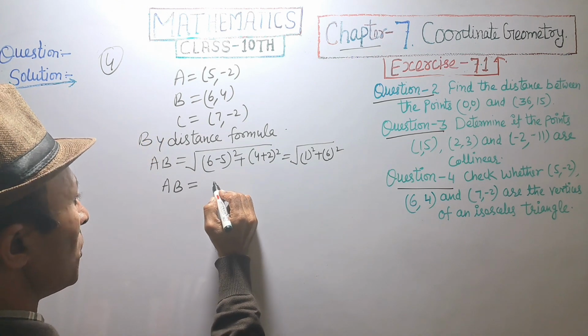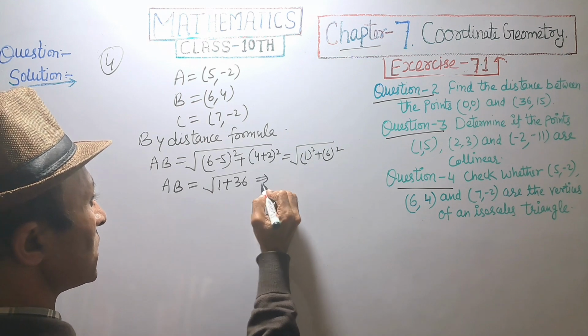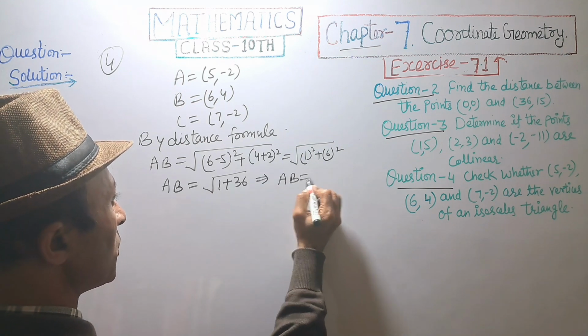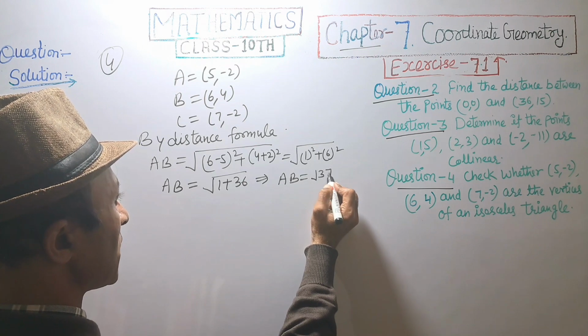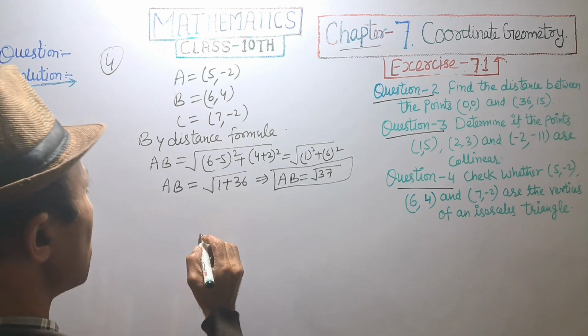AB is equal to under root of 1 plus 36. This implies AB is equal to under root of 37.